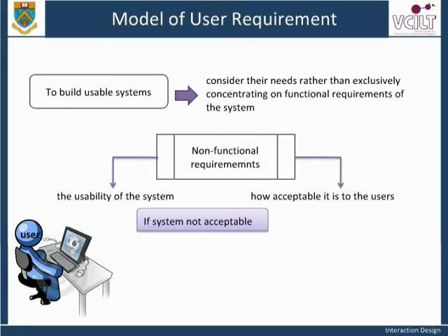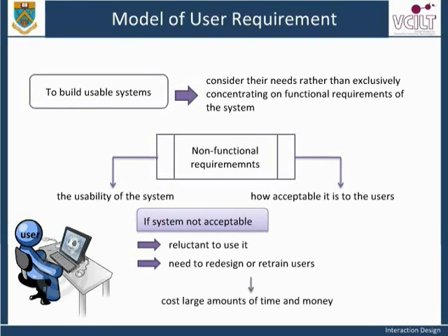Clearly, if users do not find a system acceptable, they will be reluctant to use it, and so extensive redesign or user retraining may be necessary, costing large amounts of time and money. The rest of this section looks at approaches which are considered user-centered. That is, they focus their attention on the user and their non-functional requirements, rather than concentrating solely on functional requirements.